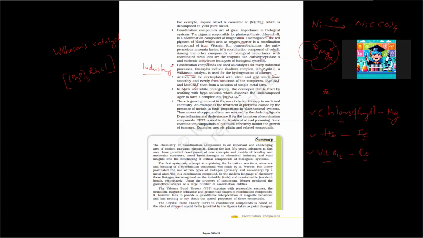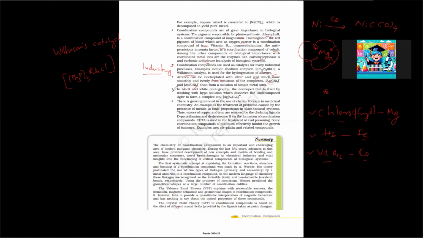If we use a simple gold solution, smooth plating or covering of the area does not happen. But if you use cyanide complexes of silver and gold, a smooth and even coating of these metals is possible.